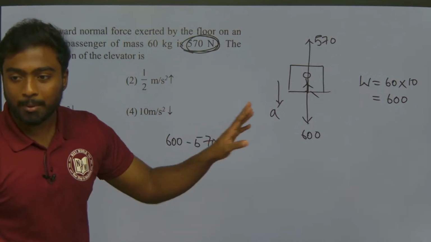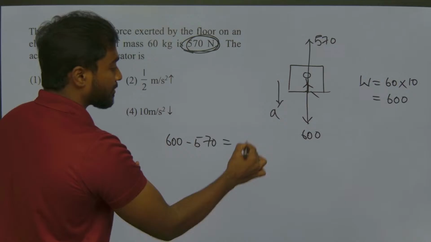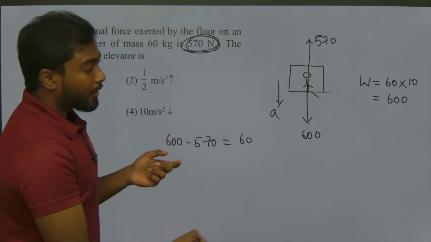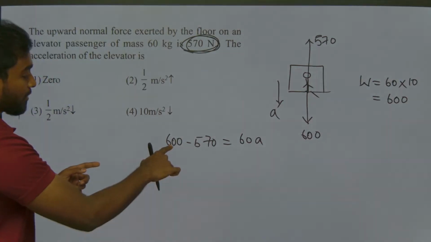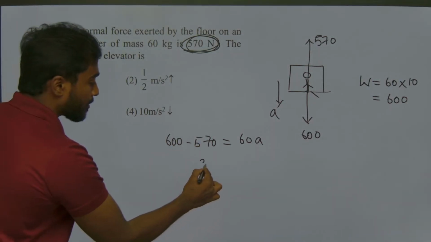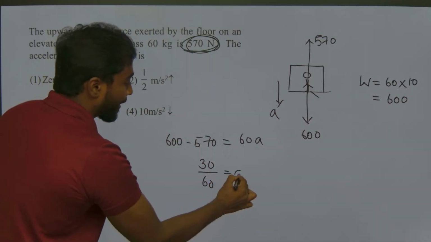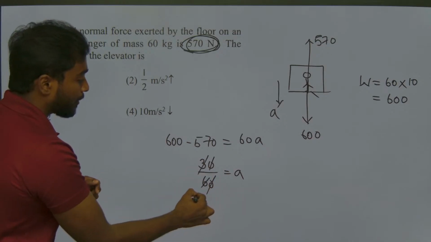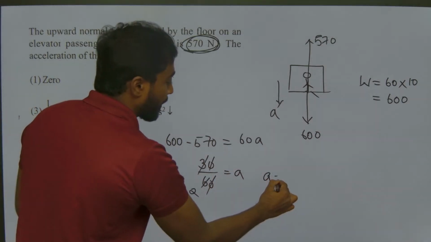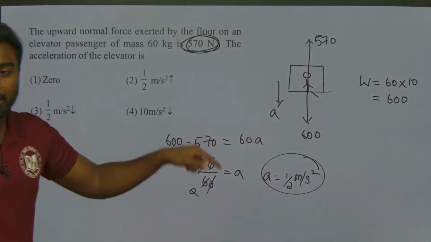Is the object moving or stable? Moving. So it should be equal to mass, which is 60, times the acceleration, which I don't know, A. So 600 minus 570 is 30, divided by 60 will be equal to my acceleration. The 0 will get cancelled off, so 1 over 2. So acceleration will be 1 by 2 meter per second square. Is it moving upward or downward?